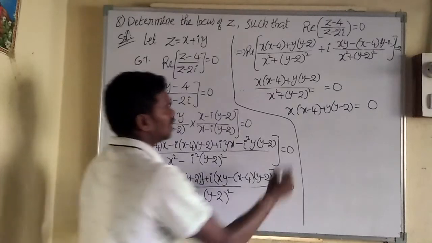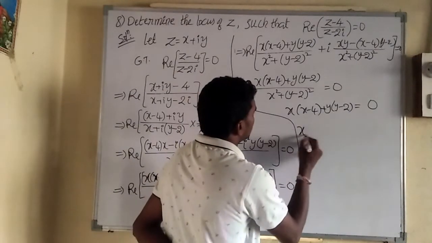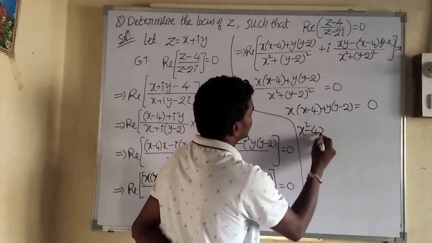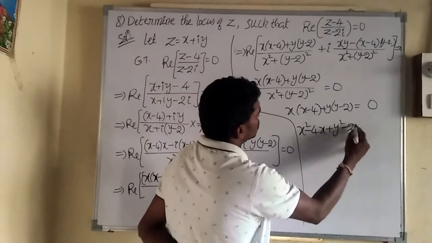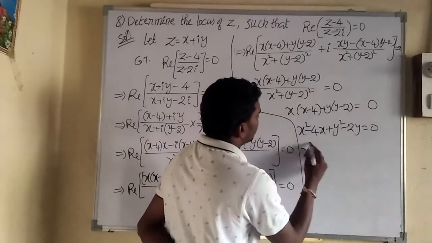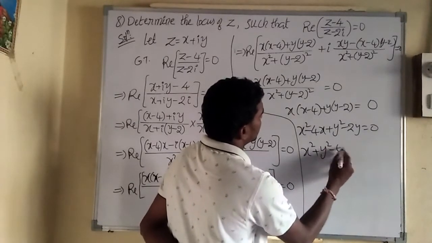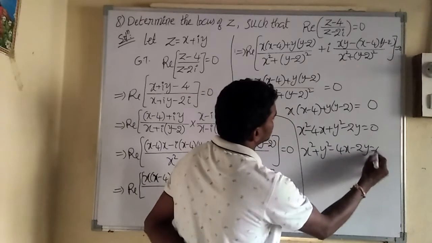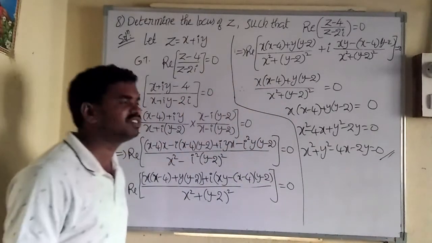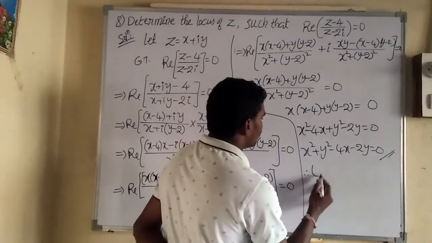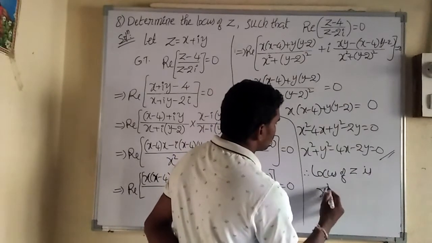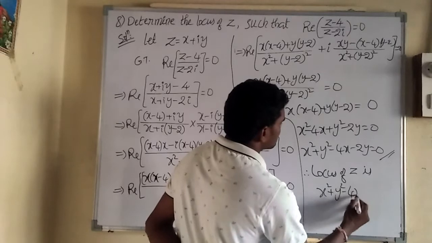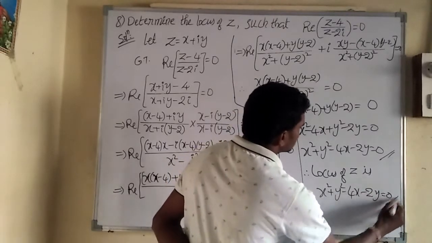Simplify this: x square, x into minus 4 is minus 4x, and plus y square, y into minus 2 is minus 2y, equal to 0. Then the final step: x square plus y square minus 4x minus 2y is equal to 0 is the solution, the locus of z. This is the answer. Therefore, the locus of z is x square plus y square minus 4x minus 2y equal to 0.